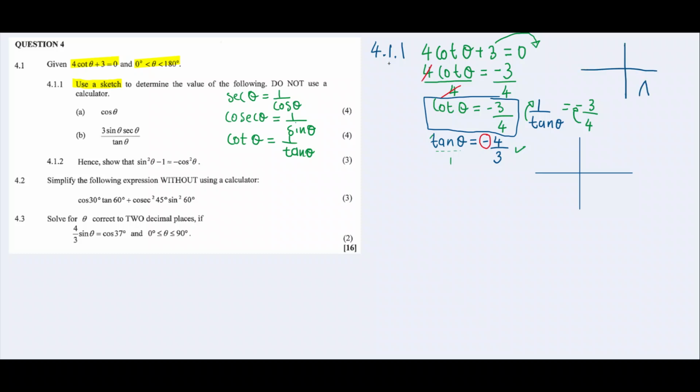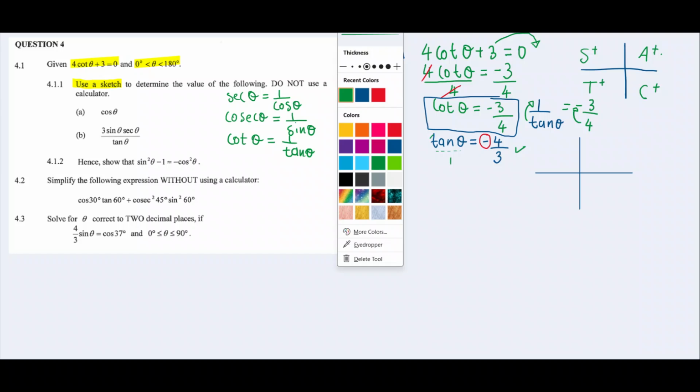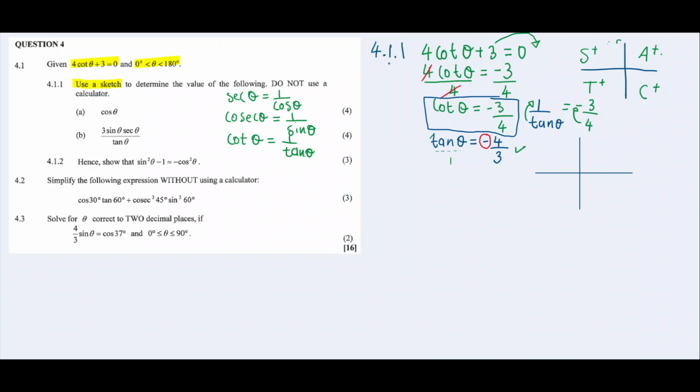Where is tan negative? So if you take a look at your cast diagram, all students take coffee. So it tells us that all trig ratios are positive, only sine is positive, only tan is positive, and only cos is positive, right?